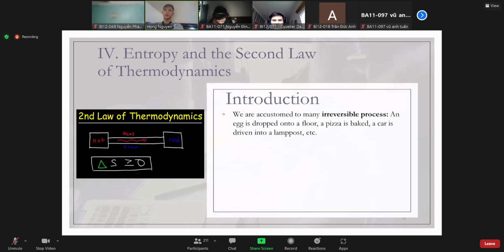Here, for example, I have very simple examples. When we drop an egg onto a floor, can we restore the egg to the initial state? Yeah, we know that we cannot, right?